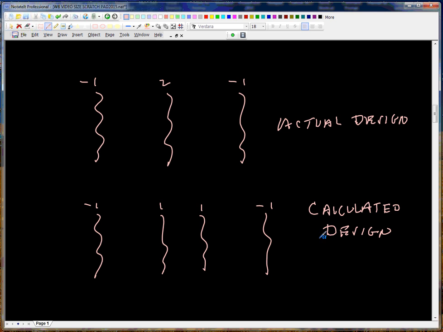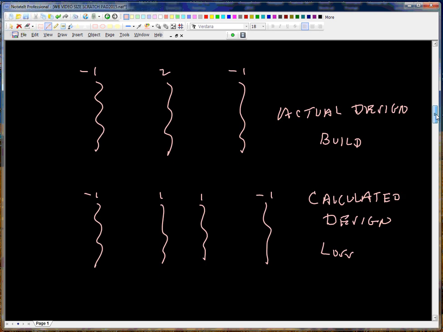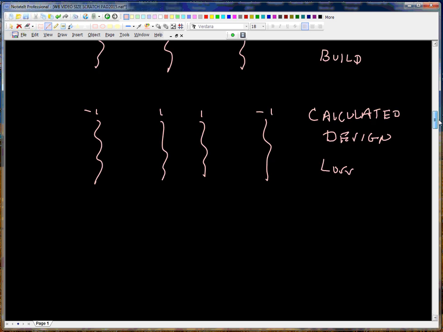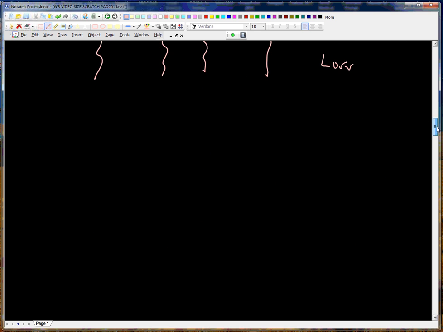We're going to use this one to calculate the losses. But we're going to build this one, because that's an easier one to build. Now, one more step we have to give you. We'll give it to you right here.